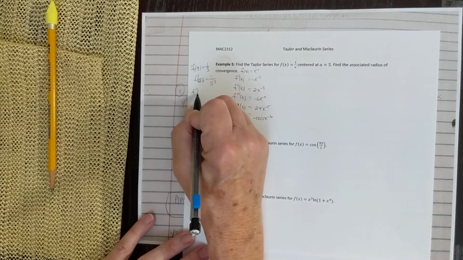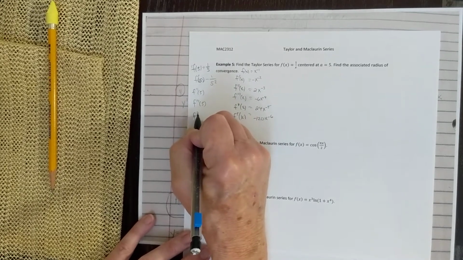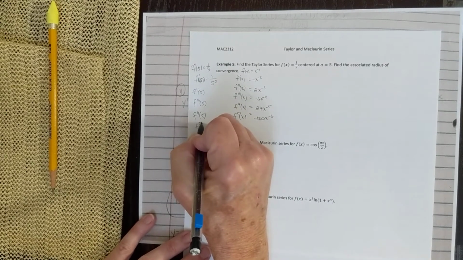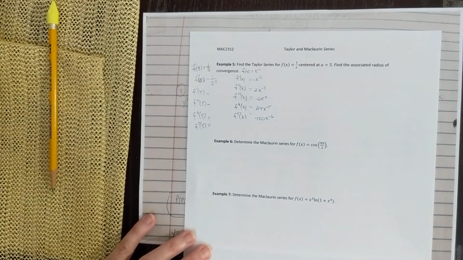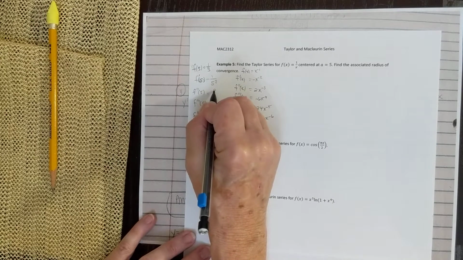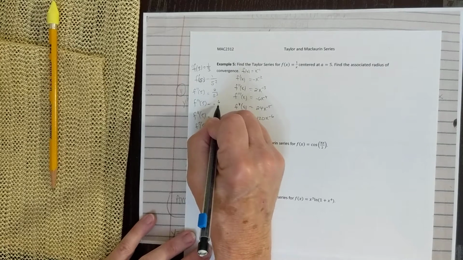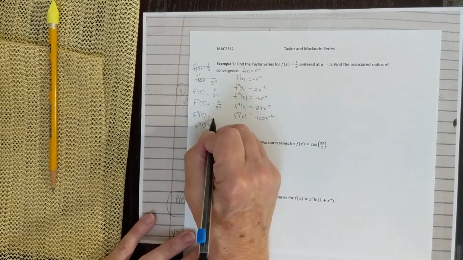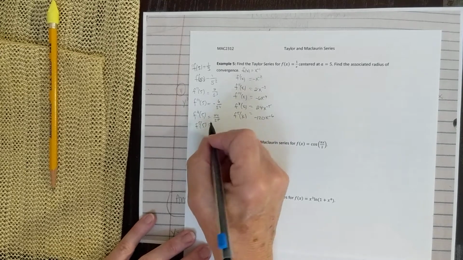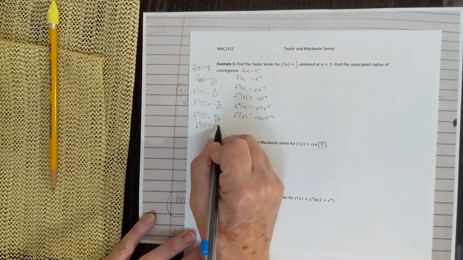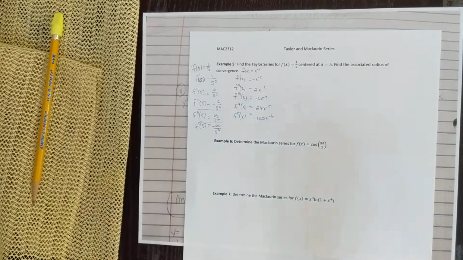And the double prime at 5, triple prime at 5, fourth at 5, fifth derivative at 5 is going to be 2 over 5 cubed. This is going to be negative 6 over 5 to the 4th. This is going to be positive 24 over 5 to the 5th. This is going to be negative 120 over 5 to the 6th. Okay, and that's what those end up being.